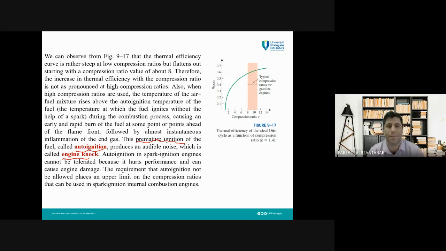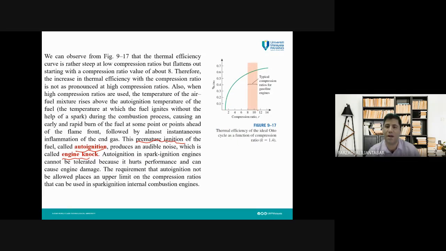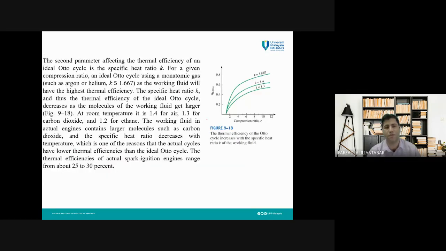They may impact each other and produce a vibration in the engine, or engine knock. We call that engine knock. So this is the typical range for compression ratio of the Otto cycle.